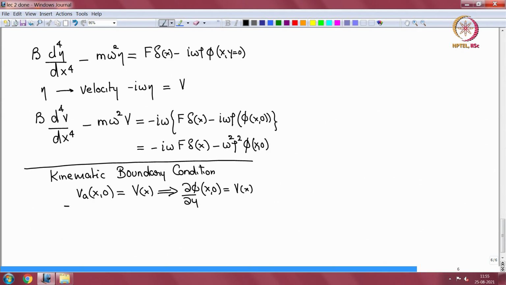Okay, and this means at y equal to 0, this is plate velocity. Our time is up, so we'll leave it here for today.